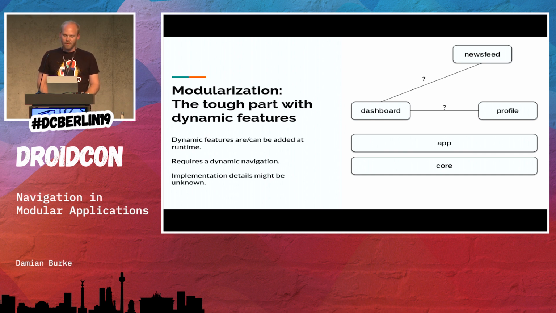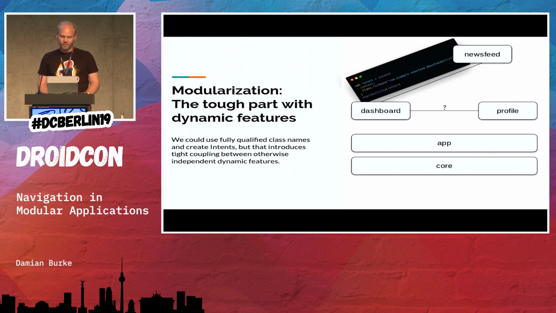So if we do a reflection-based approach, then we need to check if the class is loaded, if it's available, if we can execute it. And all of this has to be done with the fully qualified class name, so it's a bit messy, as I said.